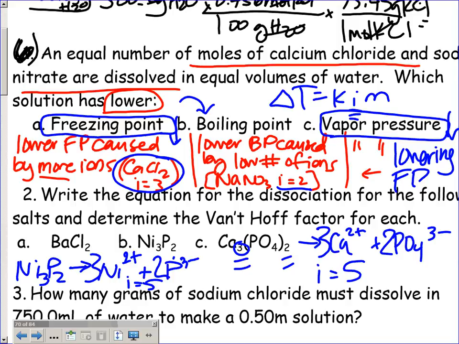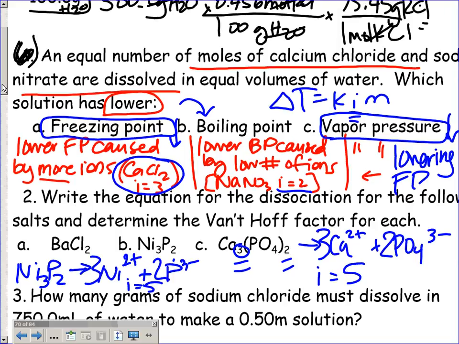Okay, it's the dilute equation. Wait, what was your answer? 7.5.